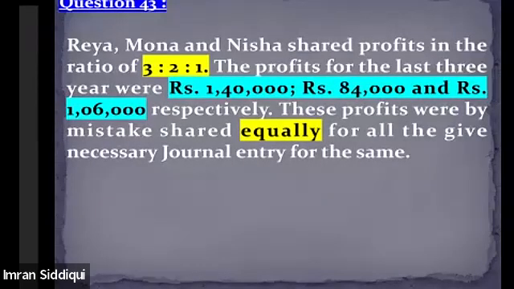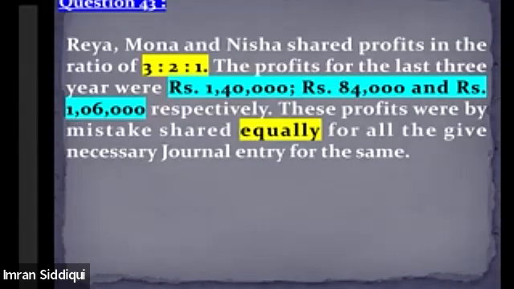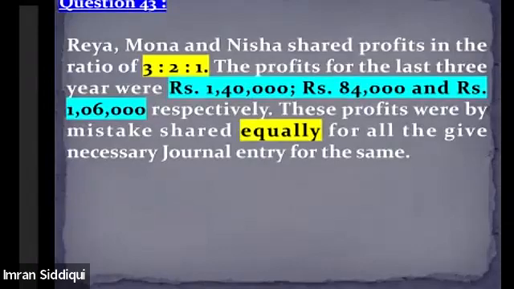So it says Ria, Mona, and Nisha shared the profit in the ratio of 3 to 2 to 1. Profit for the last 3 years were 1,40,000, 84,000, and 1,06,000 respectively. These profits were by mistake shared equally. For all the given information, pass the necessary journal entries.